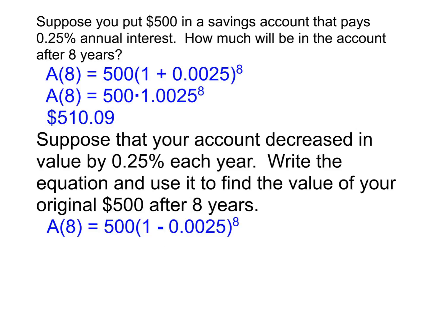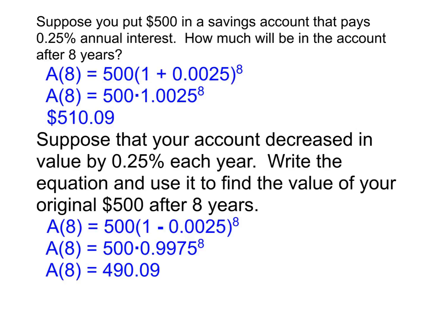All right, so now knowing that, go ahead and fill in the rest of the work. Do that calculation, figure out what we're going to get as a final answer for this one. So first thing when you do this work, go ahead and do that subtraction. So that gives us 0.9975 to the power of 8 now. Do that exponent, then multiply by 500.